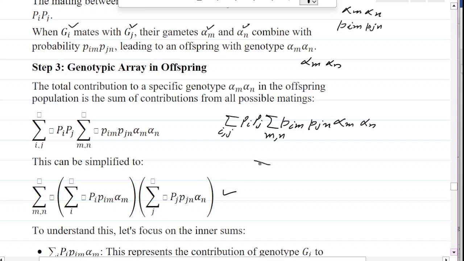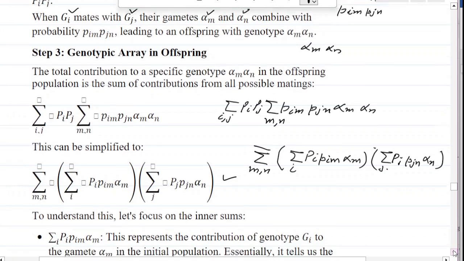I take the summation sign over m and n outside, and then the two summations: the sum over i of Pi Pim alpha m, and since they are independent of each other, this can be written as the sum over j of Pj Pjn alpha n.